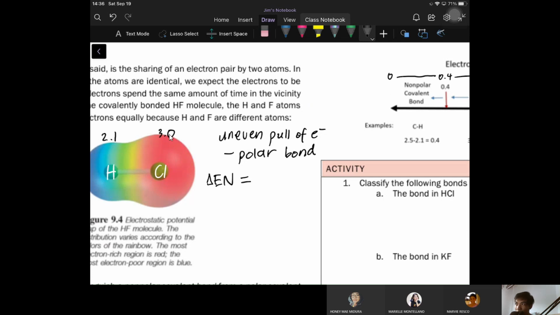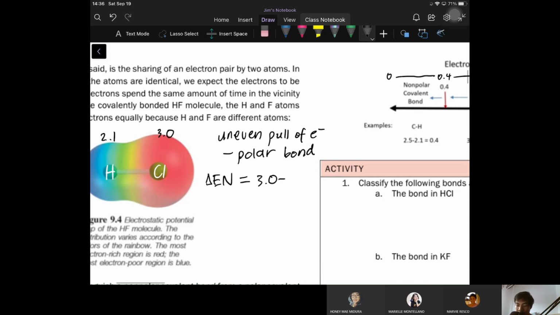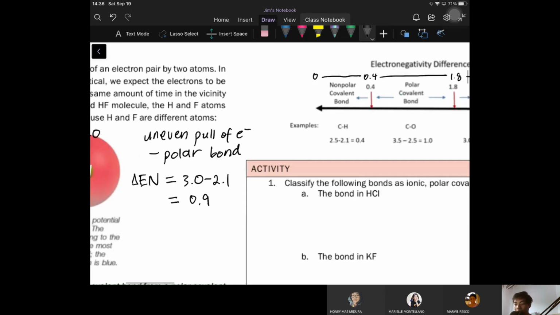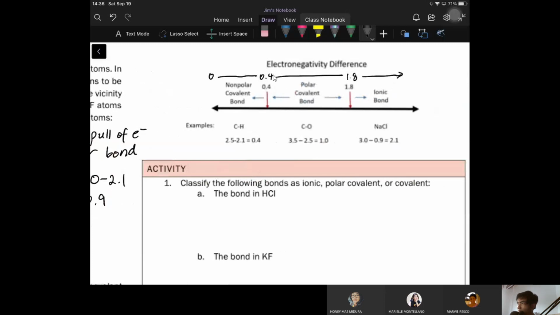Okay? So, kunin natin yung difference ng dalawa. So, that's 3.0 minus 2.1. Big number minus small number parate. 0.9. So, tingin tayo dito. At 0.9, siguro somewhere dito yung 0.9 na. So, andyan siguro yung 0.9. Okay? So, pag 0.9, it will fall under polar covalent bond.